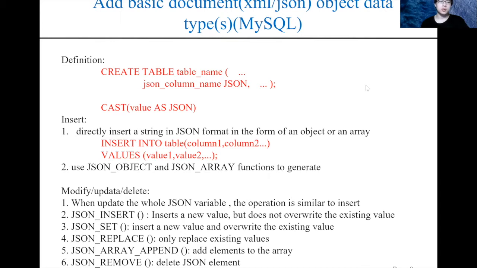Or we could use JSON_OBJECT and JSON_ARRAY functions to generate JSON data. As for modify, when updating the whole JSON variable, the operation is similar to insert. Besides that, we have a set of functions to implement the modify operations.